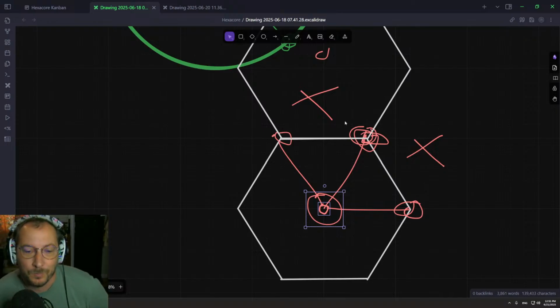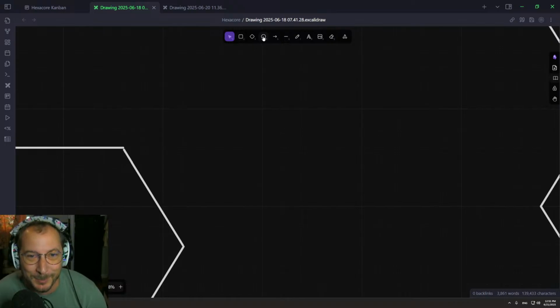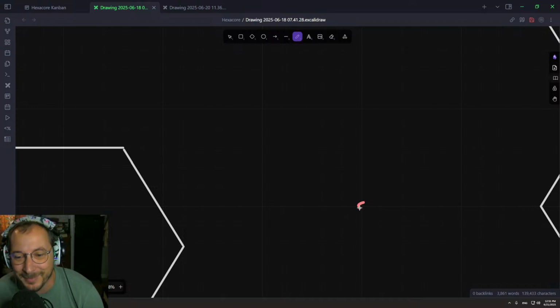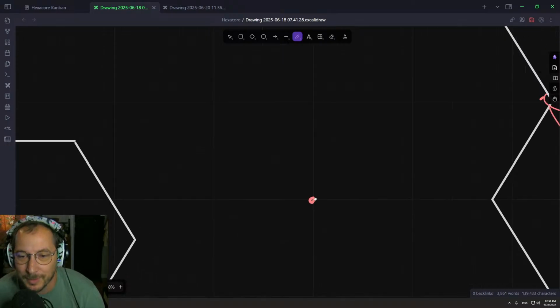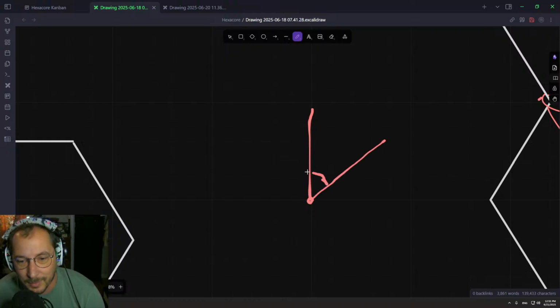I don't know. I mean, if we have the angle, okay, let's break this down more. So we have the point in the center of what's basically a circle, and we're going to say that our line is here, and we're going at an angle of whatever. Okay.